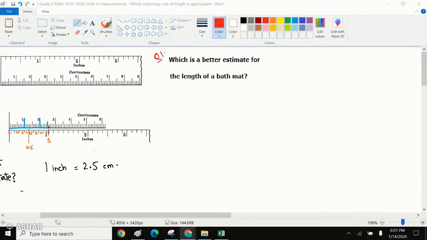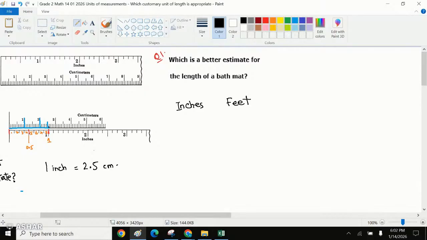Let's suppose we have two options. We can measure it in inches, right? Or we can measure it in feet, right? So which one would you prefer using?